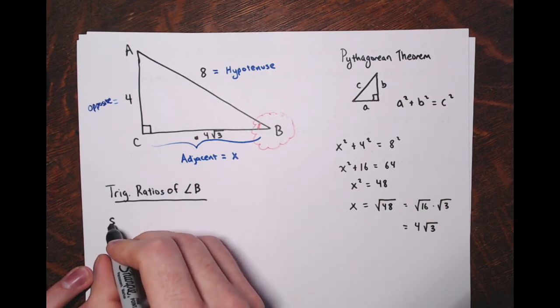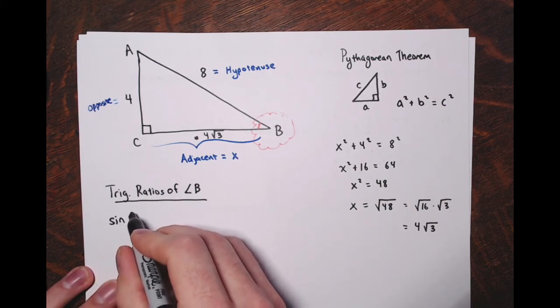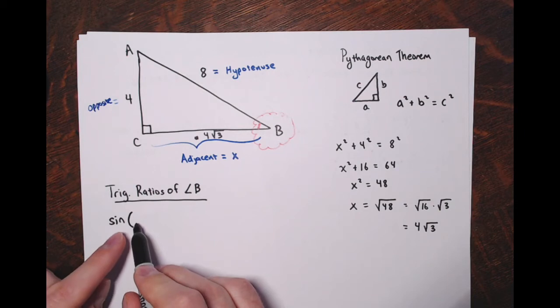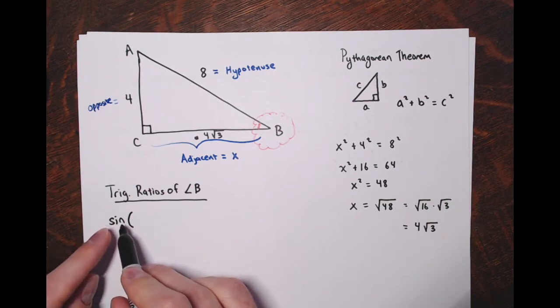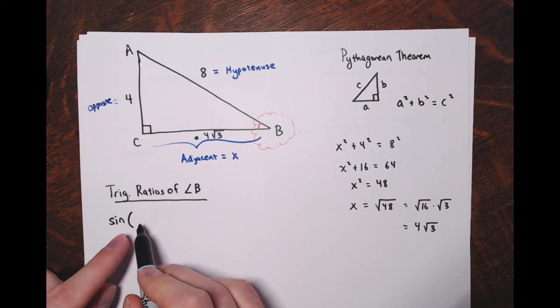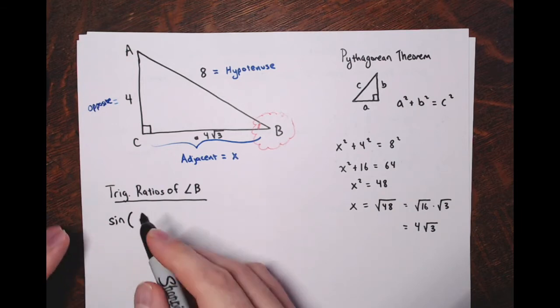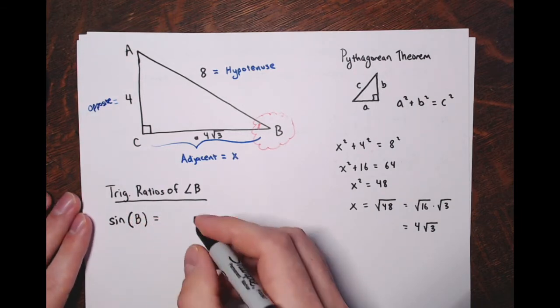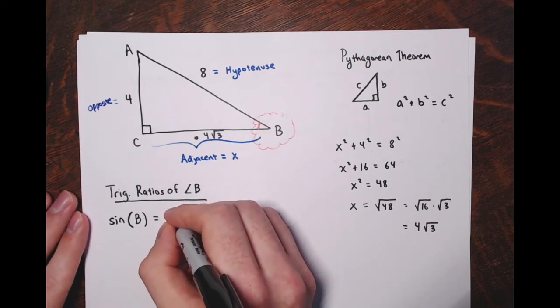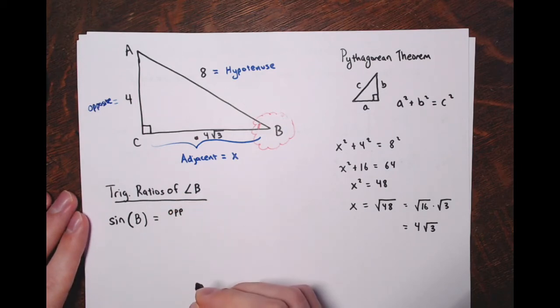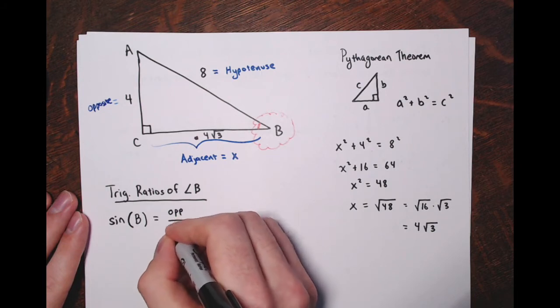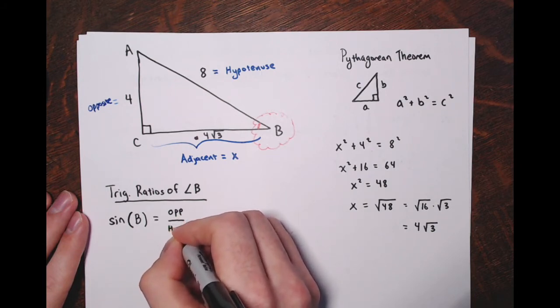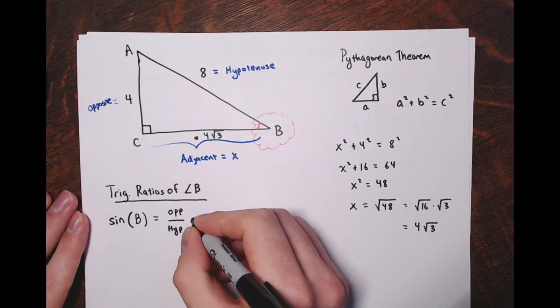Right, so remember the sine of, and remember in parentheses after the name of the function, you need to have an angle, right? The sine of what angle? The sine of angle B equals, and I'll just put OPP for opposite, divided by HYP for hypotenuse.